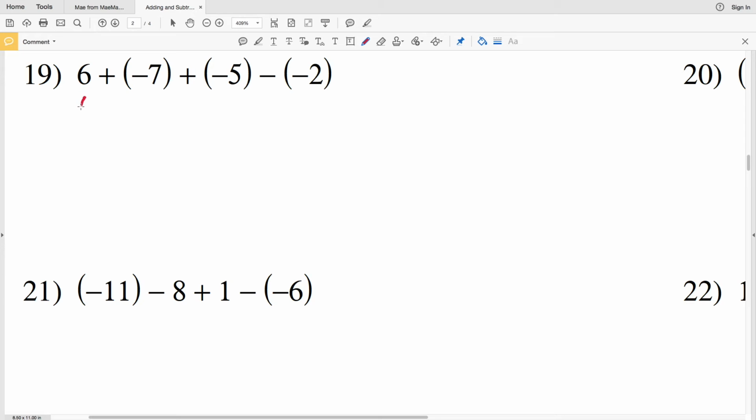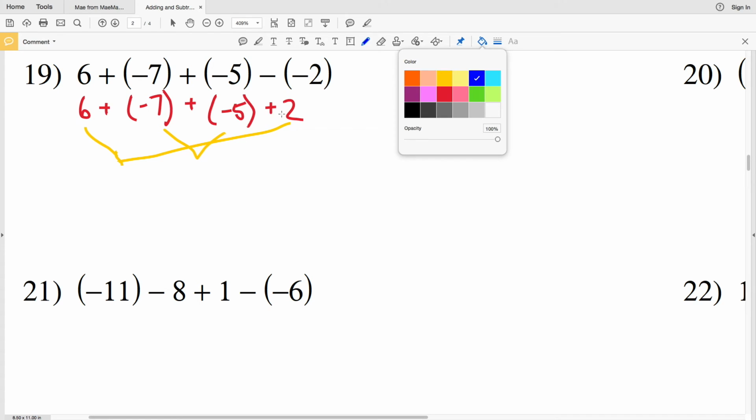19, I'm going to rewrite as 6 plus negative 7 plus negative 5 plus a positive 2, because subtracting a negative 2 is the same as adding a positive 2. Here I'm going to combine the positives, and I'm also going to combine the negatives.